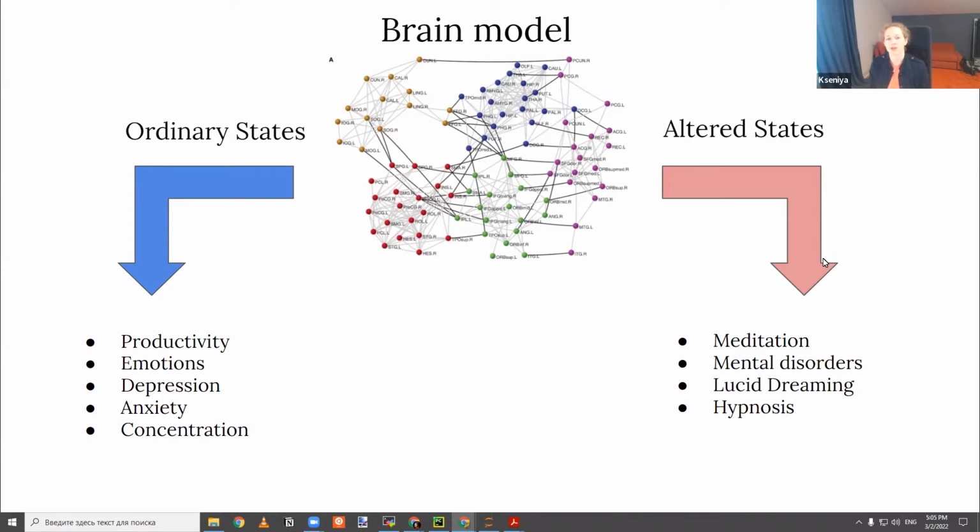We can have different emotions, fear and happiness. We can be in depression, in anxiety, or in a good mood, in concentration. And altered states are not standard modes of operation of the brain. For example, some specific modes like meditation or mental disorders or lucid dreaming or hypnosis and so on and so forth.